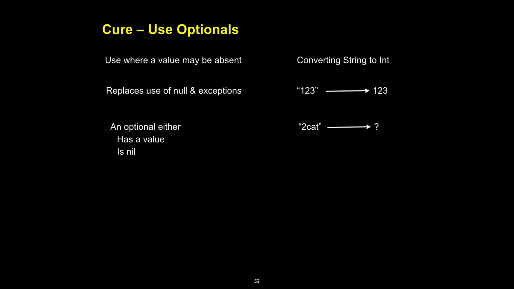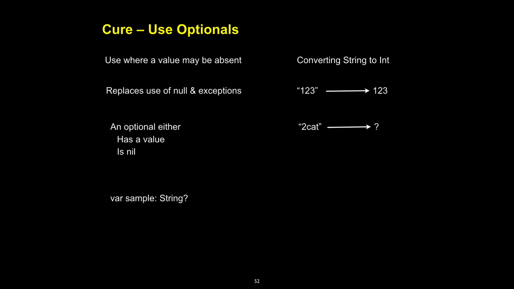And so the optional either has a value or doesn't have a value, and it's popular enough in languages now that it was introduced in Java, right? Java now does have optionals, but using exceptions is so ingrained that people are not going to change.